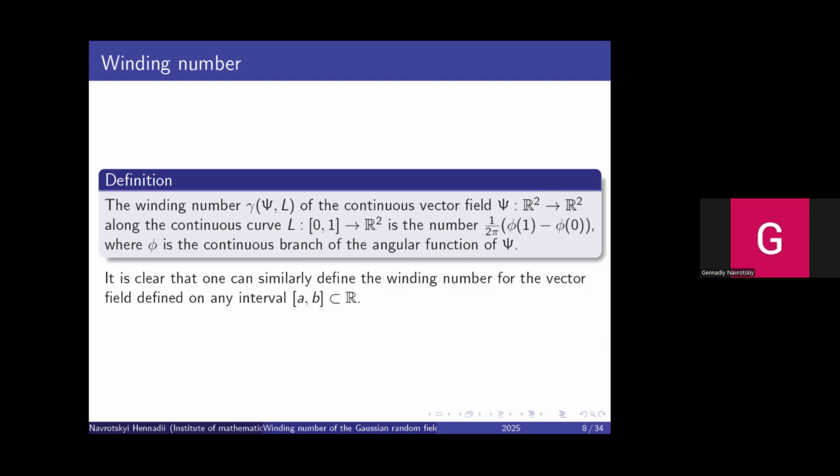It is just the number of rotations by the vector psi of x when x moves along the curve A. If not said otherwise, the winding number means the winding number around the origin, so the field psi should not turn to 0 on the curve A. It is also clear that we can define the winding number on any finite interval [a, b] the same way, and that the winding number does not change when we multiply all vectors by some scalar.